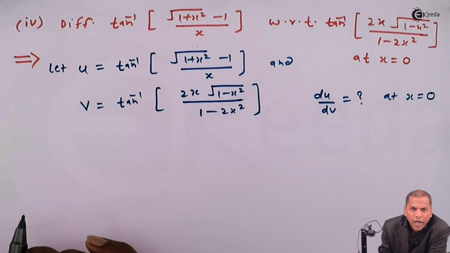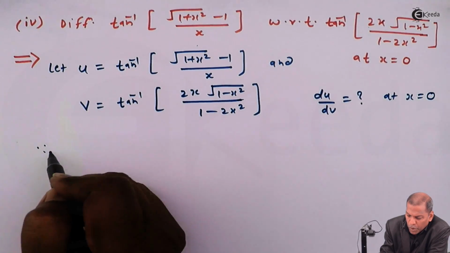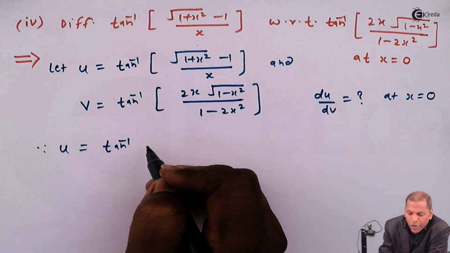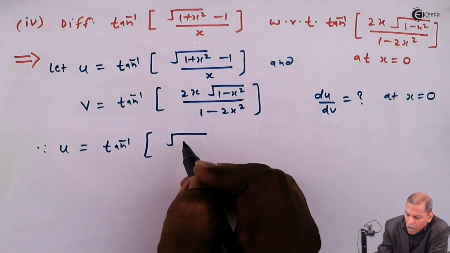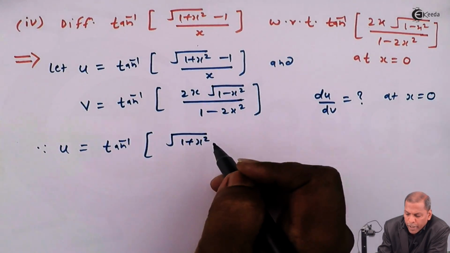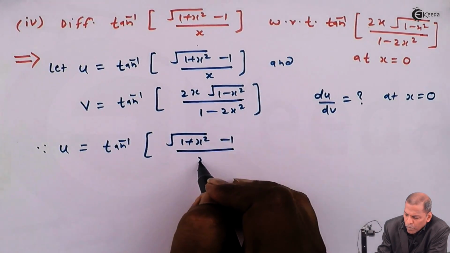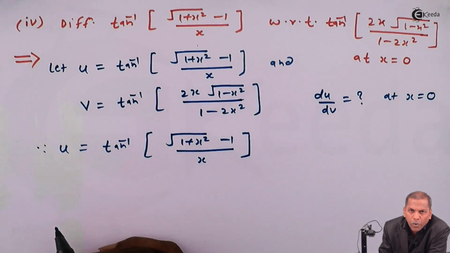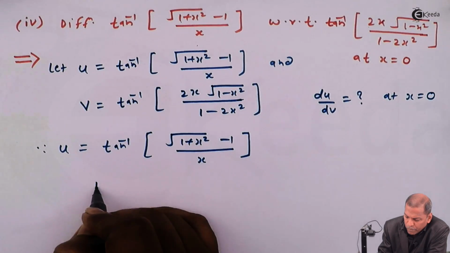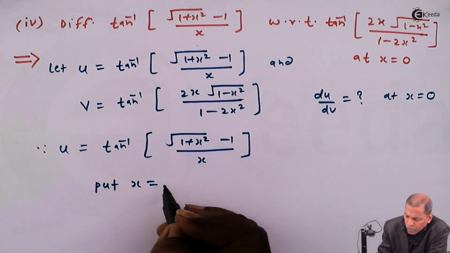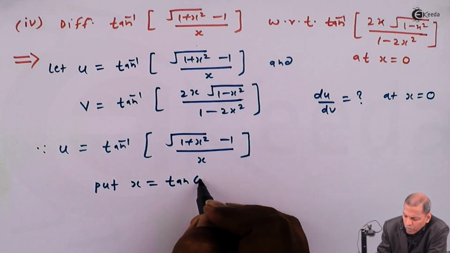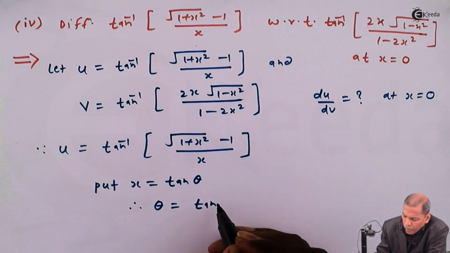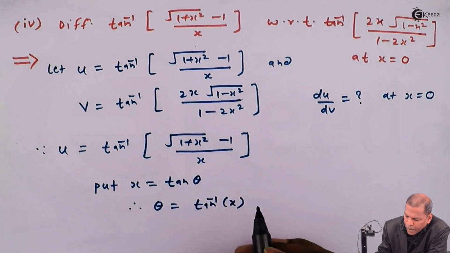So first of all we start from u. Since u is equal to tan inverse of (under root 1 plus x square minus 1) divided by x, now here we put x equal to tan theta, therefore theta is equal to tan inverse of x.